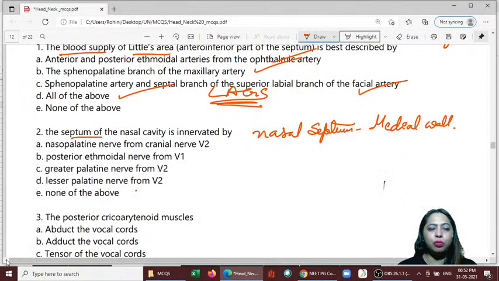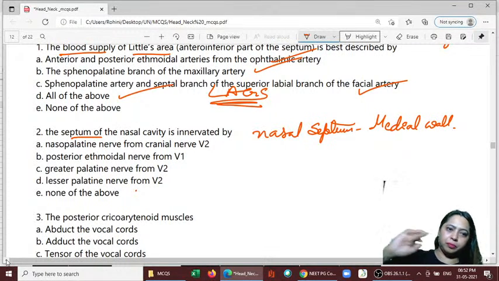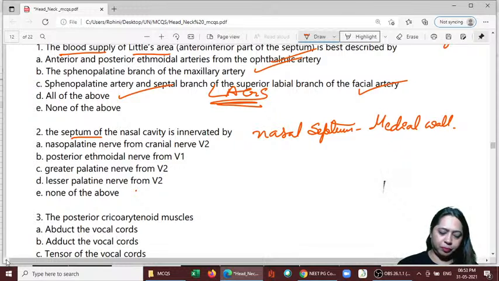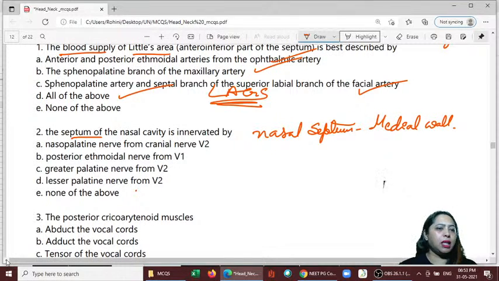Give you a few seconds to think which one is the correct answer. So there is the nasopalatine nerve from the cranial nerve, this is the trigeminal.